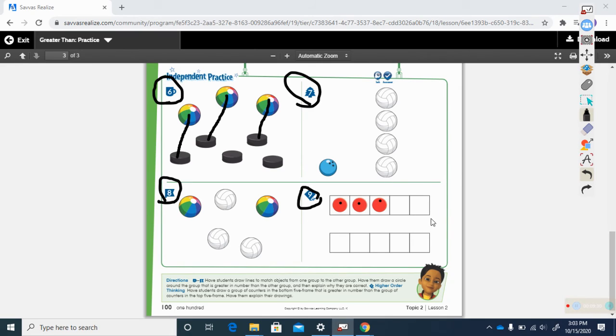In this empty 5 frame, you need to use any color you want but red. And you need to draw counters that are greater than the number of red. Remember, greater than means there's going to be more of them. It's a bigger number.